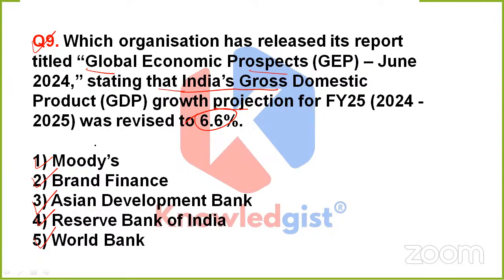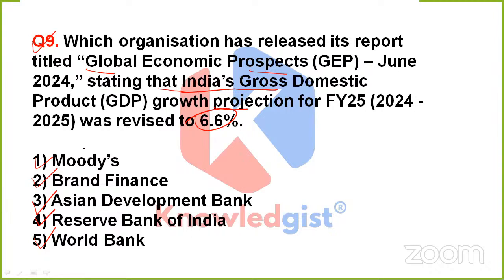The question is simply asking the name of that organization. What has it done? It has released its report, and the name of that report is Global Economic Prospects June 2024. What is being provided in that report? It is telling that India's GDP growth projection for FY25 was revised to 6.6%. So, which is the correct one? Should it be option 1, 2, 3, 4, or 5?